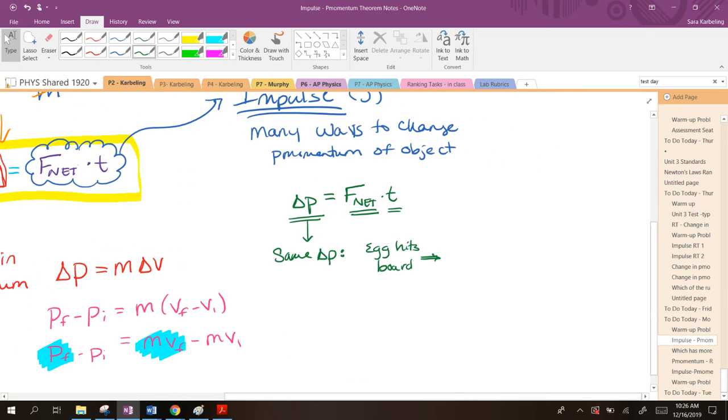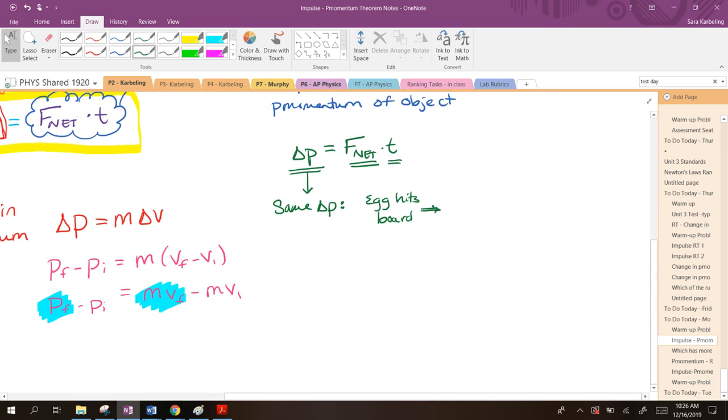For that egg to change its momentum? Is the time very big or very small? Very small, right? Small time, big force.